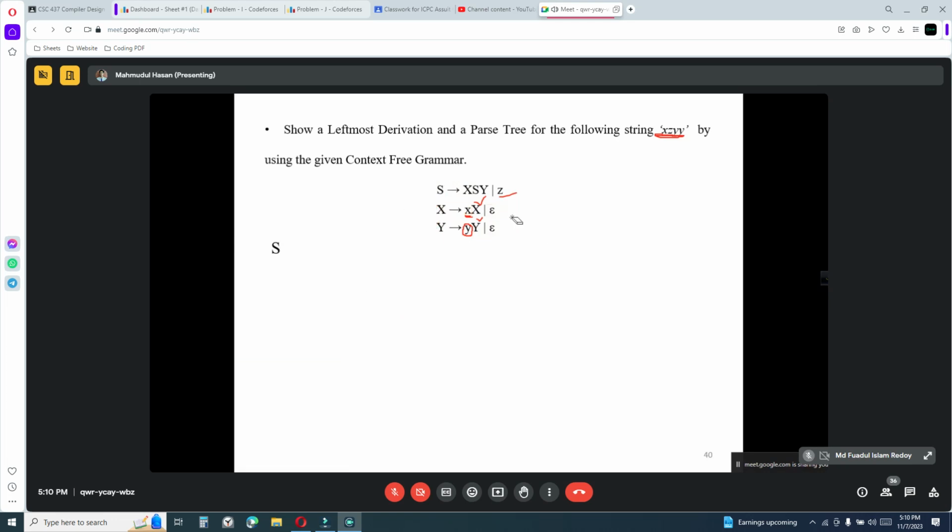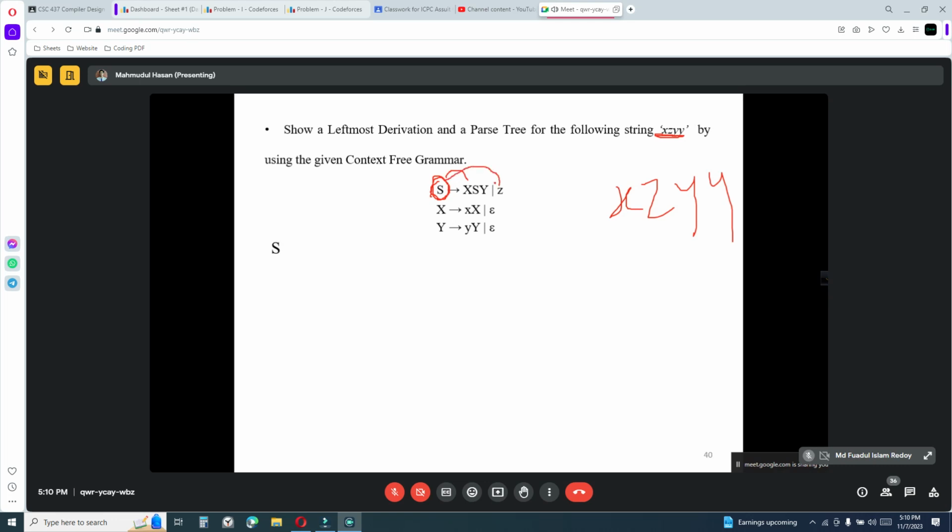So you need to generate the input string x, z, y, y. This is your start symbol, so you need to start from here. There are two options.